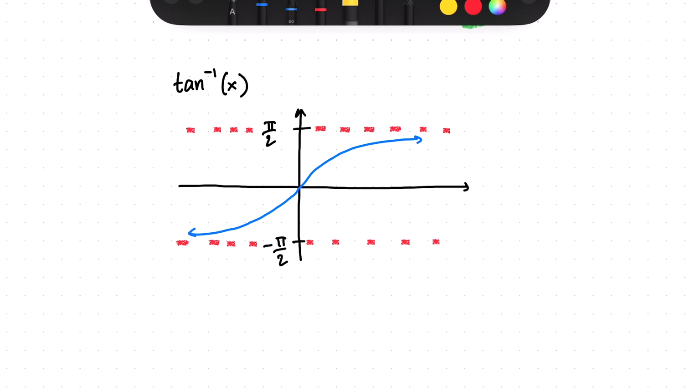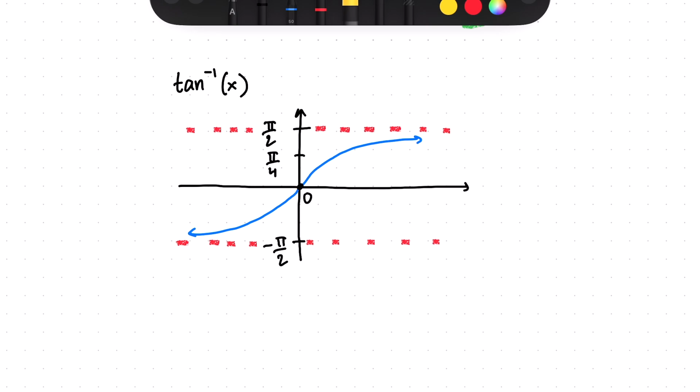It never touches those red dotted lines. It will go towards them, but it will never touch. And our answers, pi over 4 and 0, actually lie inside that limit. So it is safe to say that those are our exact answers. So we're done.